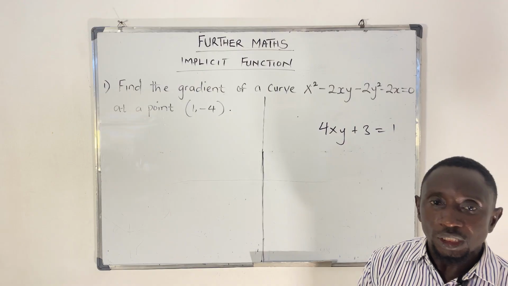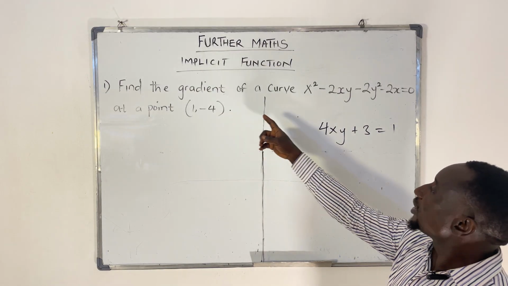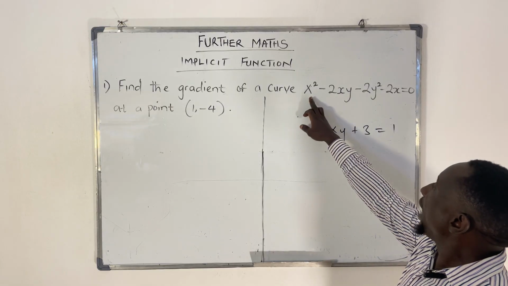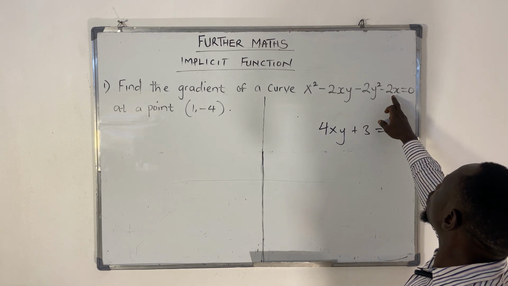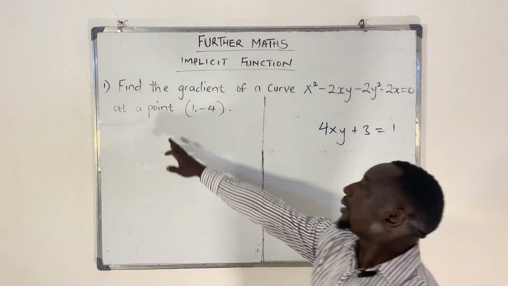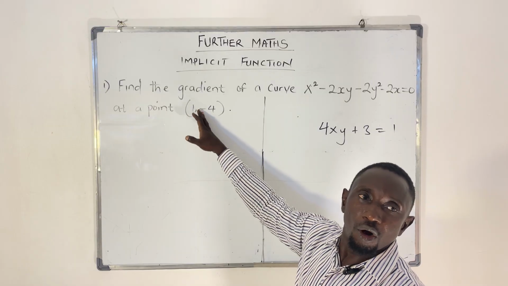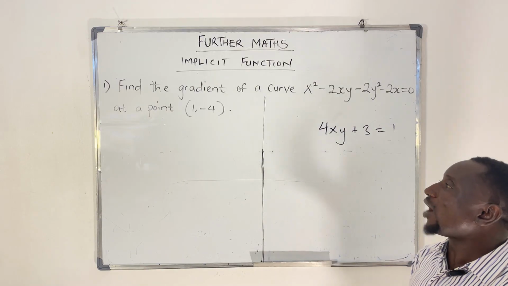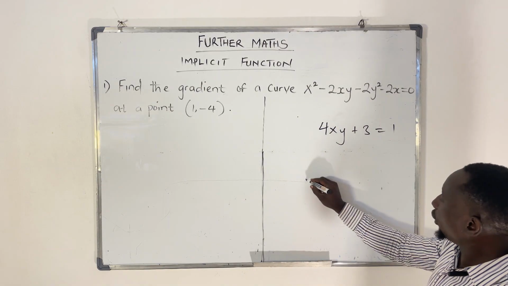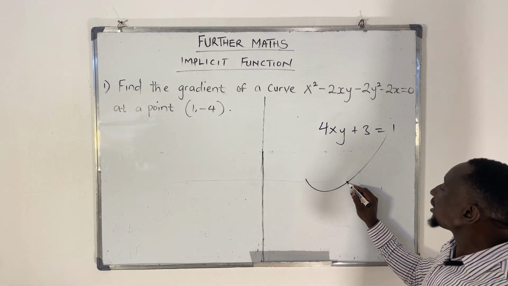So here the question is: find the gradient of the curve x squared minus 2xy minus 2y squared minus 2x is equal to 0 at the point (1, -4). We are asked to find the gradient of the curve at a given point.